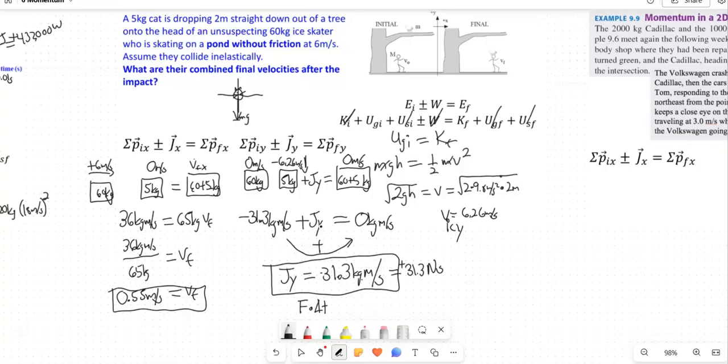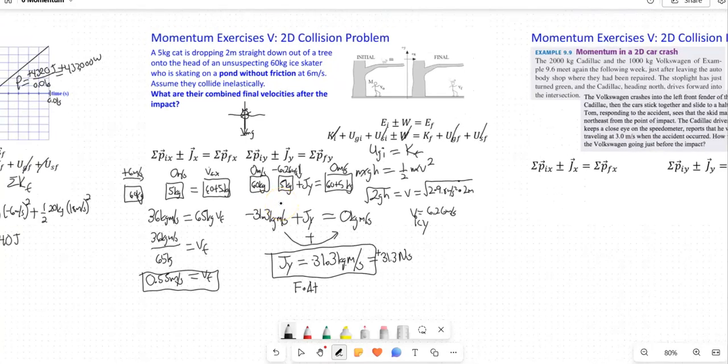Okay? So this is a really cool problem, and I really love this problem. All right, your problem is not too much more complicated. It starts out with a potential energy, and it ends with a potential energy, and there's an impact in between.